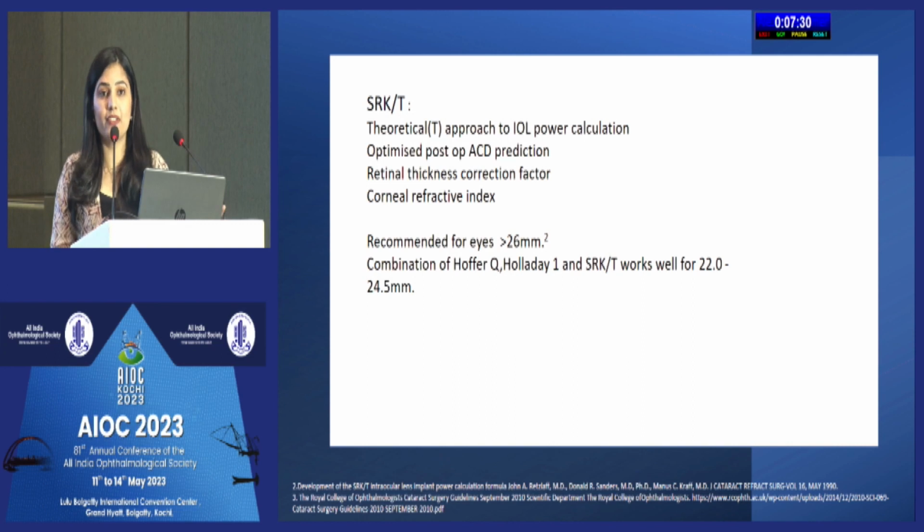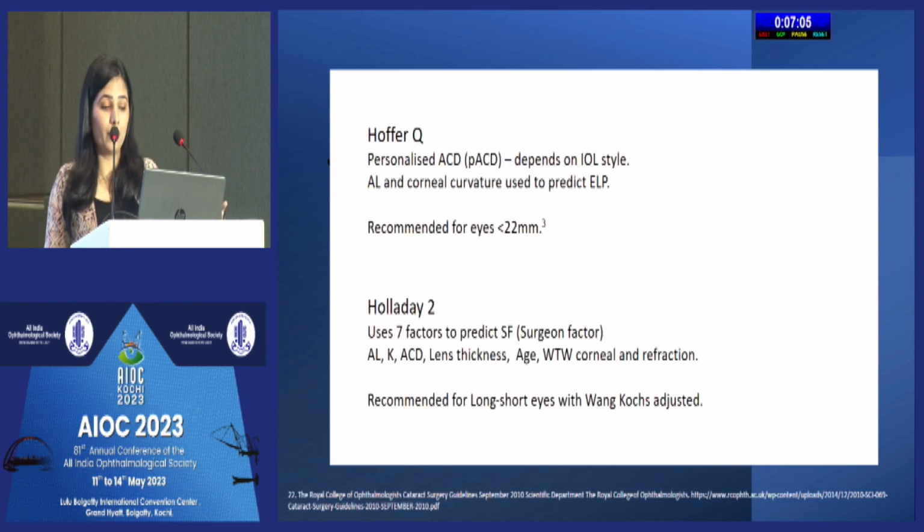SRK/T worked really well for axial lengths of 22 to 24.5 mm. It is still used in many centers when we are not able to calculate the IOL power using the IOLMaster, and it gives fairly accurate results. A combination is recommended for eyes longer than 26 mm.